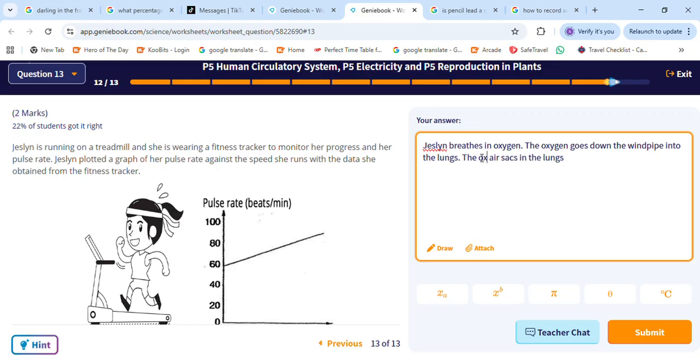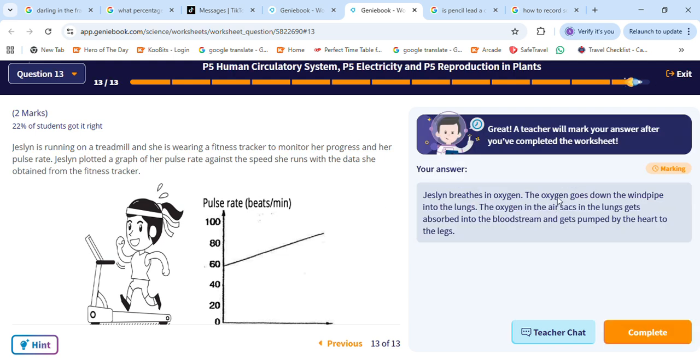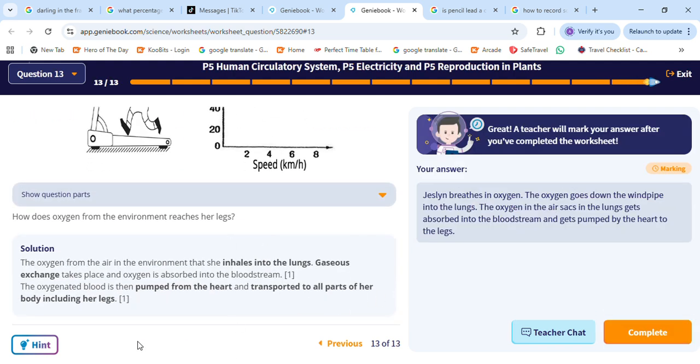The oxygen in the air sacs in the lungs gets absorbed into the bloodstream, then carried by the heart to the legs. It's been a long journey, man. I wrote so long, bro. Wait, let's go. Oh my god, this is even longer.